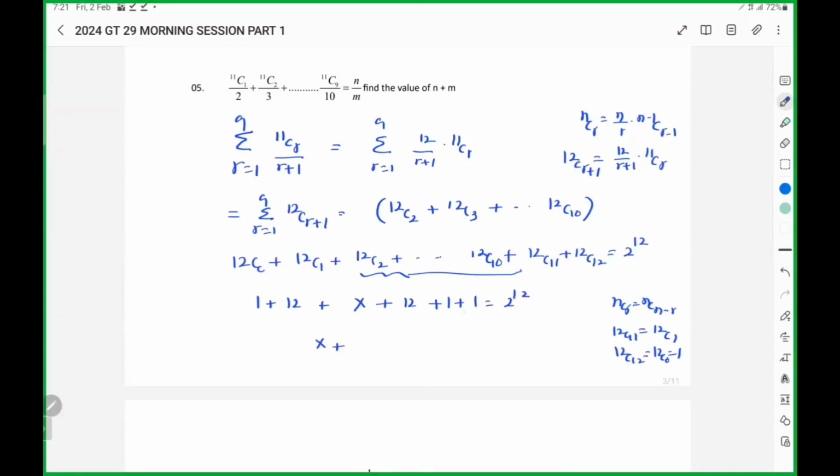So X plus 26 is 2 power 12. Here it is 12 plus 1. Actually here I multiplied, I should divide it. This is what we have to find.